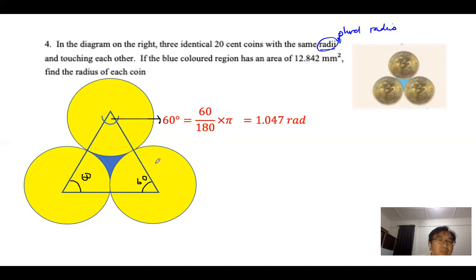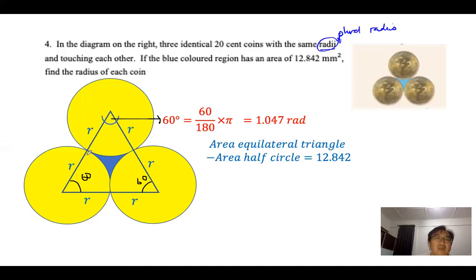So the blue region here is 12.842 millimeter square. What we need to do is find the area of the triangle and then minus the area of a half circle.